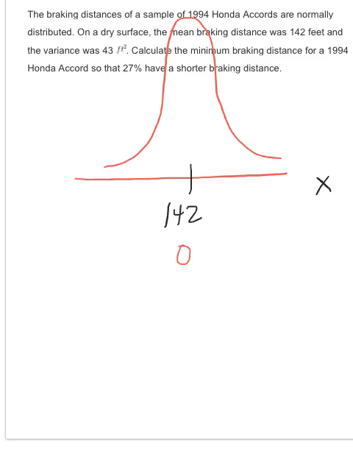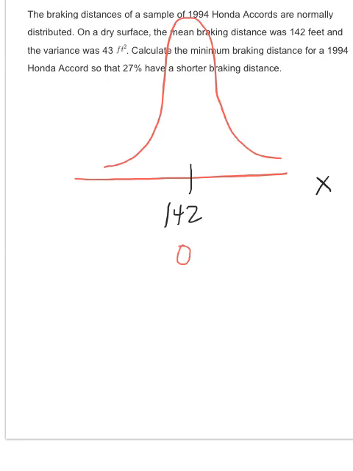To move around on the x-axis, or the standard normal, or anywhere, we need to convert variance to standard deviation. So let's do that. We need to figure out what the square root of 43 is. Apparently I didn't use the right notation.